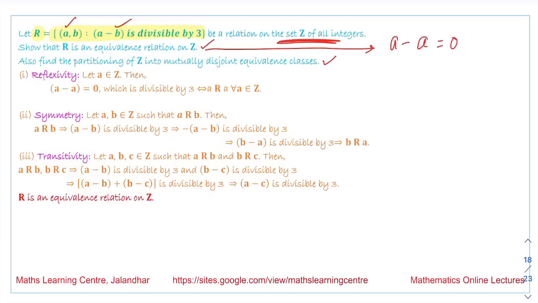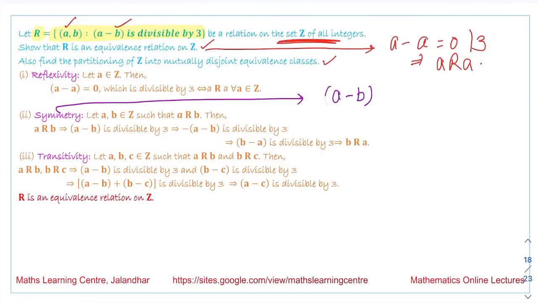So to prove that it is an equivalence relation, we are saying a minus a is equal to 0, which is divisible by 3. So this implies that a is related to a. Second, we have to prove the symmetry part. If a minus b is divisible by 3, this implies that b minus a is divisible by 3.